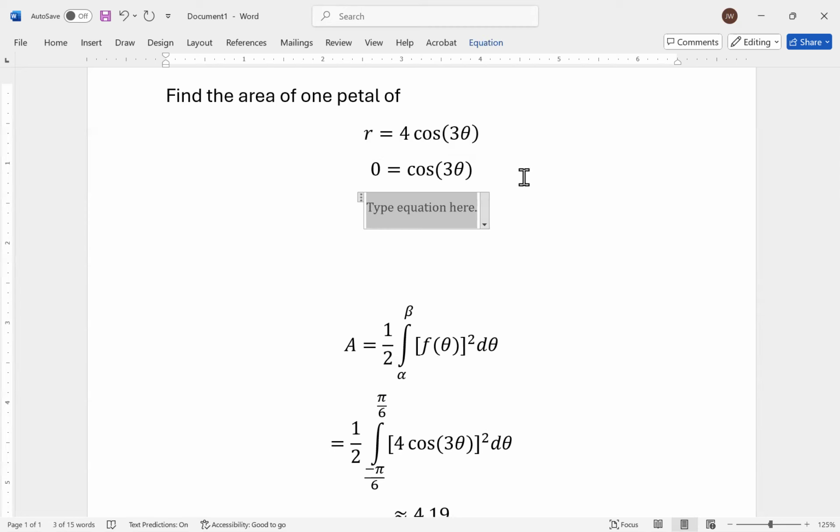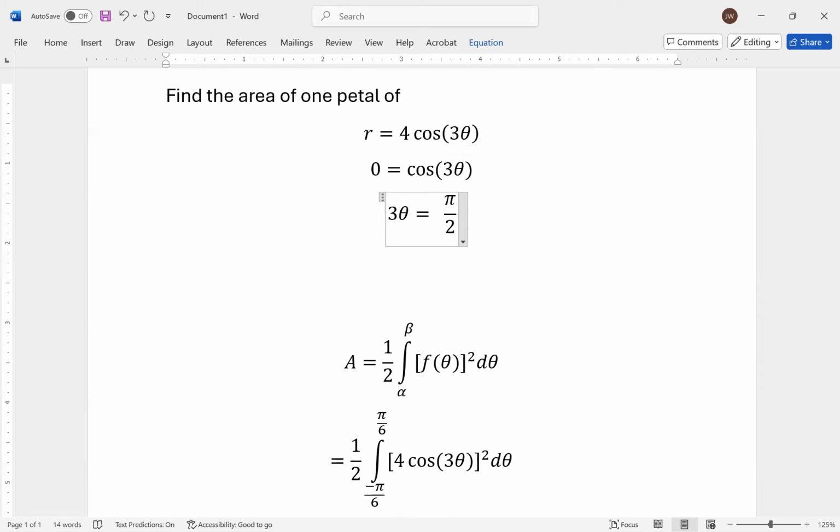Well, cosine equals 0 when the angle, which in this case is 3 theta, is equal to pi over 2.